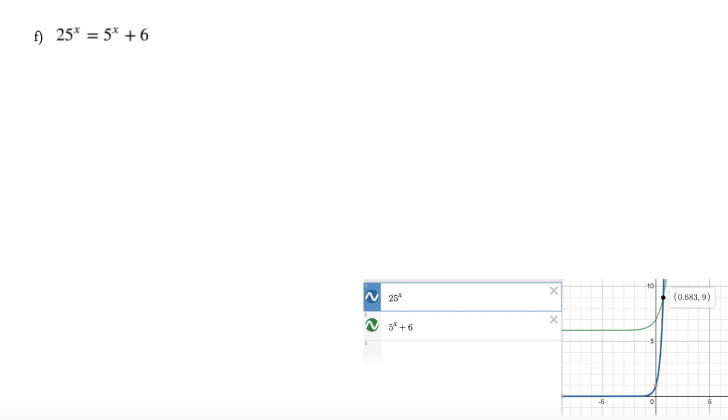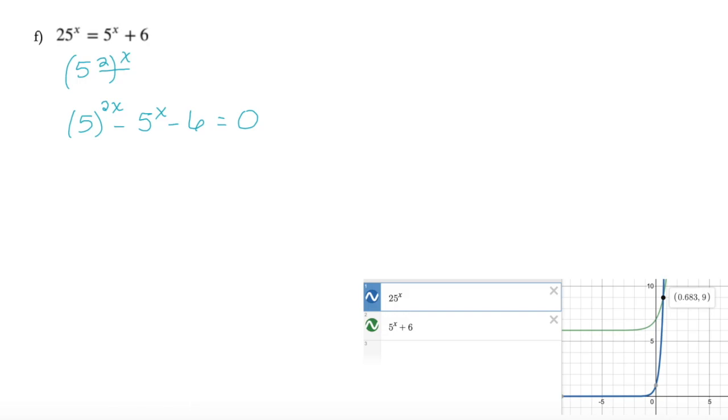I'm going to rewrite 25 as 5 squared. And that will still be to the power of x. Now we know that when we have a power to a power, we multiply. So really then this is 5 to the power of 2x. I'm then going to subtract my 5 to the power of x and 6 over so that it's set equal to 0.